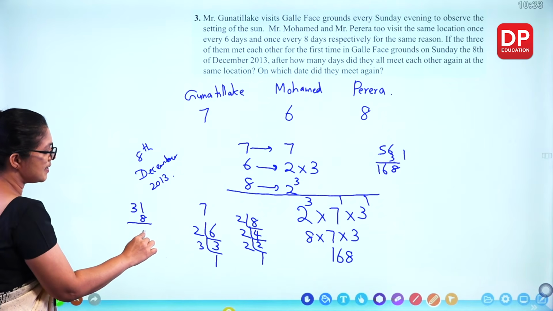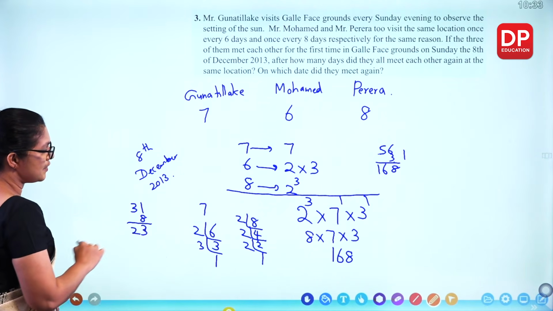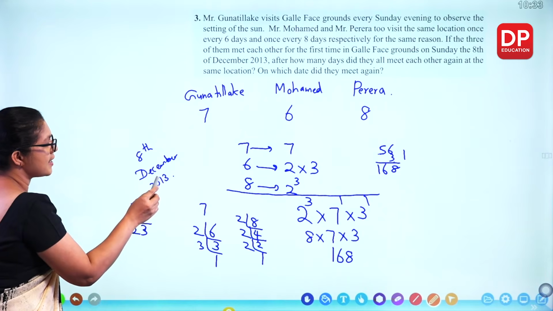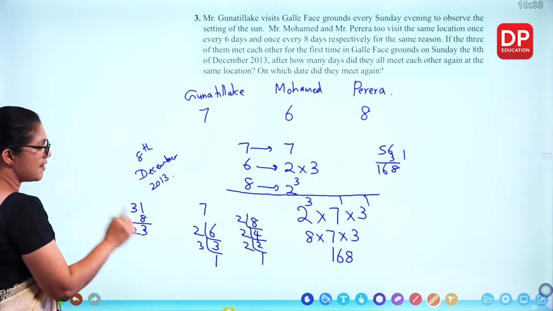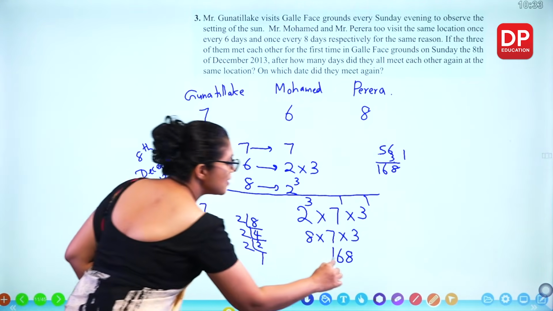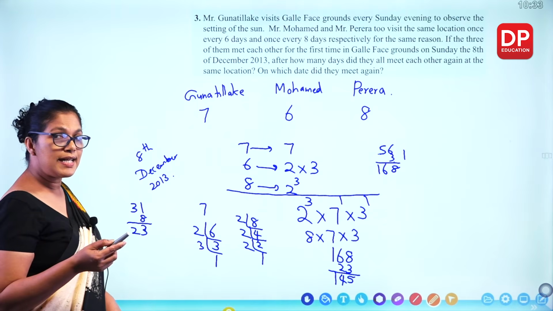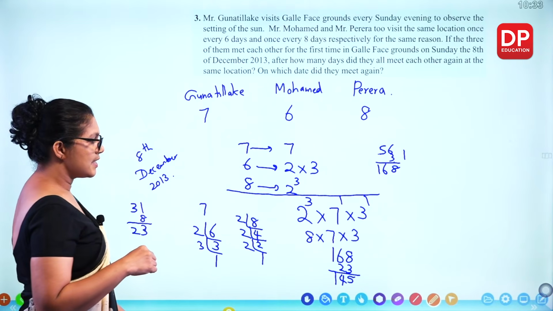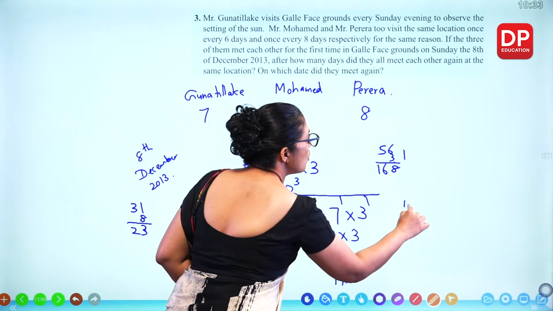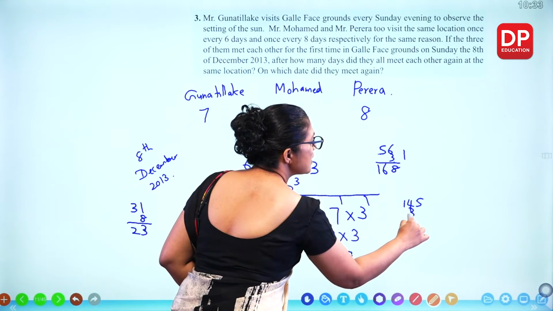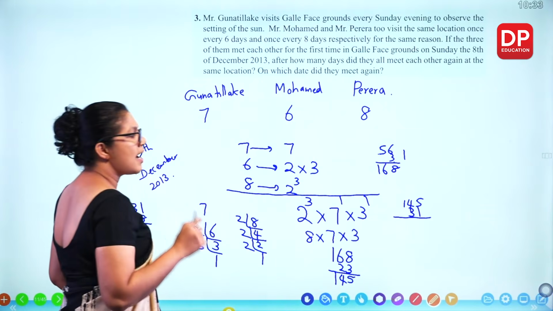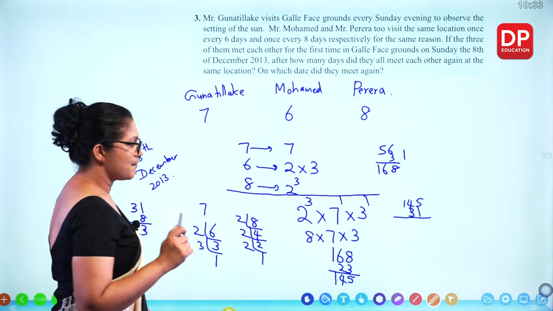So how many days? 23. So we'll subtract till December 31st. We need 23 days, so subtract 23 days from that. 145. Then January, how many days? Again 31. So we'll subtract 31 from that, up to January 31st.